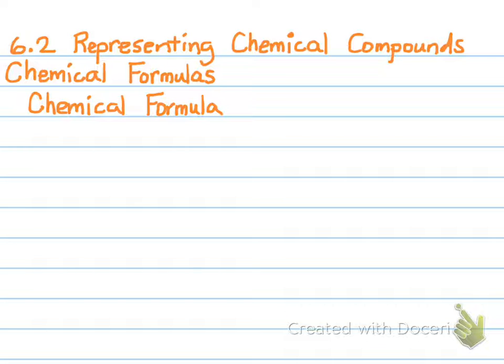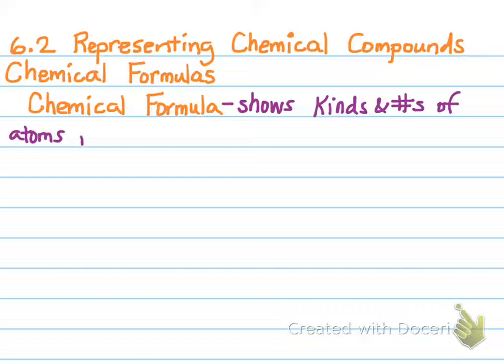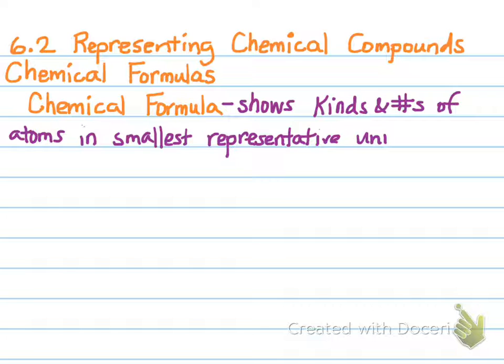The definition of a chemical formula is that a chemical formula shows the kinds and numbers of atoms in the smallest representative unit of a substance.